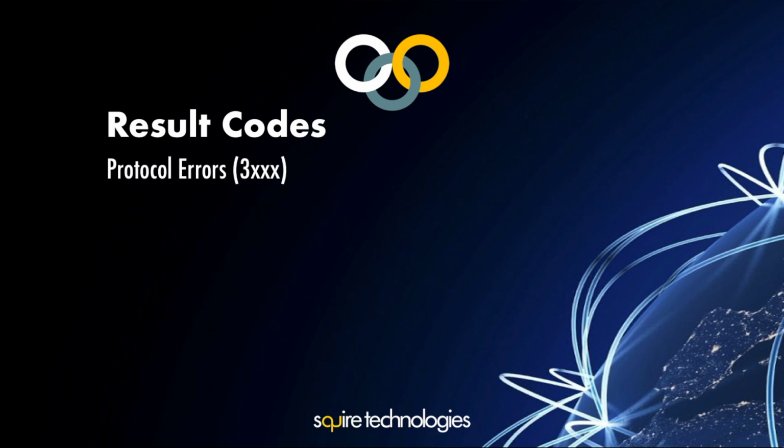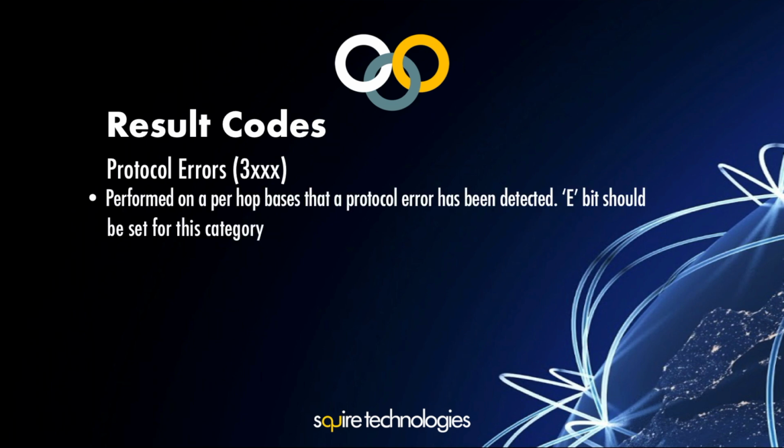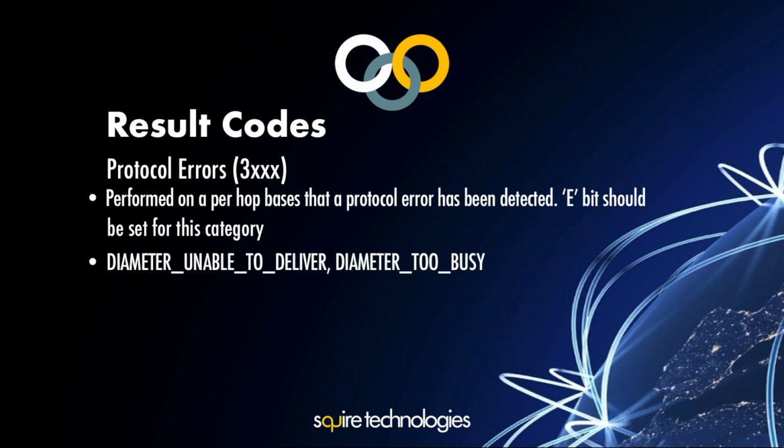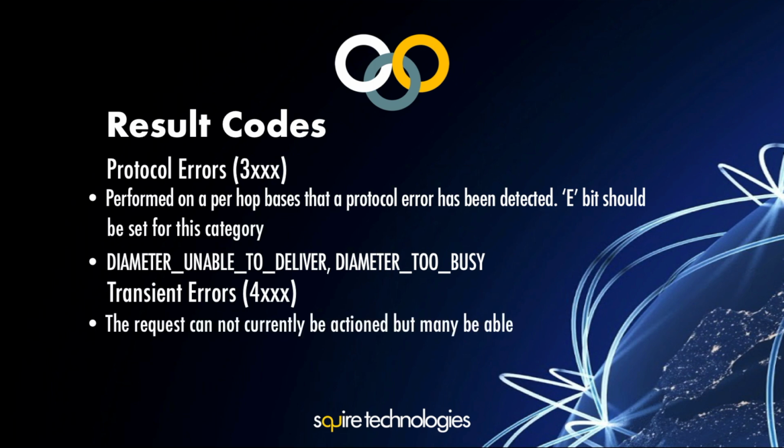Protocol errors are performed on a hop-by-hop basis, meaning the protocol error has been detected. The E bit should be set for this category. So you've got diameter unable to deliver, diameter too busy, etc. Transient errors mean the request cannot currently be actioned but may be able to be in the future.